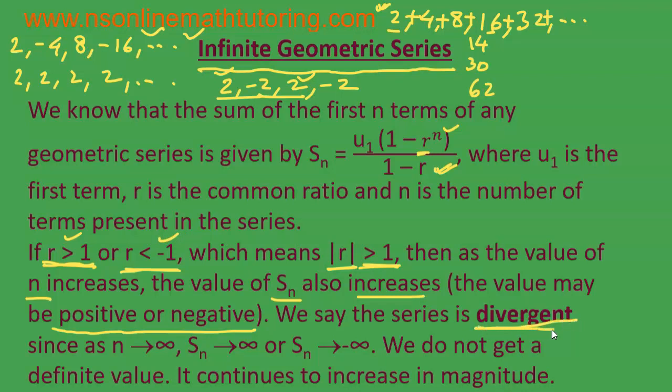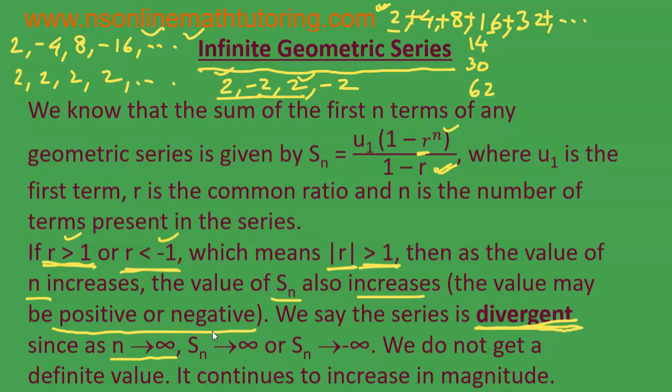It is not giving us a constant value, as n is tending towards infinity, as n is becoming larger and larger, as I am just including more and more number of terms from that infinite geometric sequence or series.